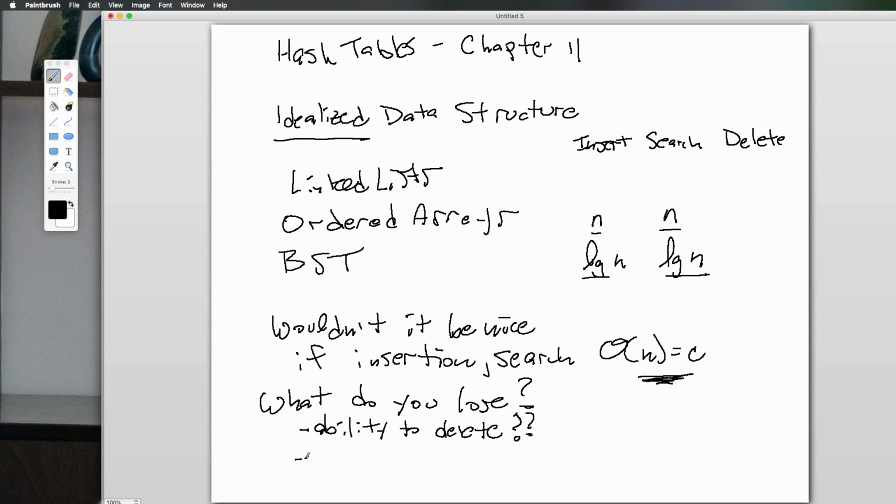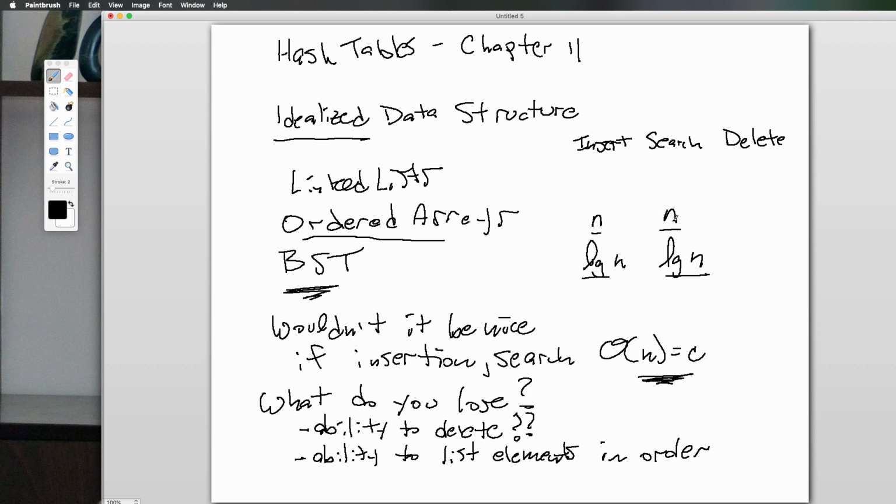The other thing you lose is the ability to list elements in order. In other words, in a binary search tree, we learned that if we did an in-order traversal, we could see the things come out in alphabetical or numeric order. Similarly, the whole idea of an ordered array is that the array is already ordered. So you can do binary search on an ordered array.